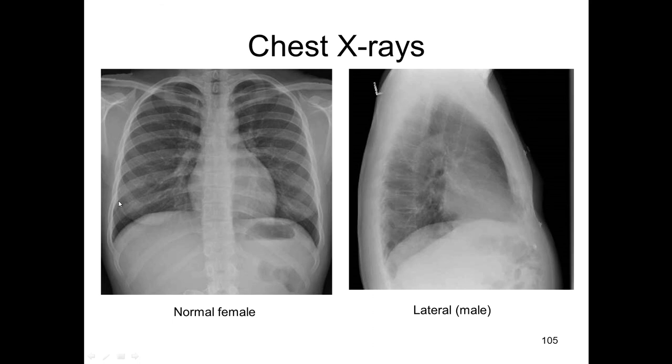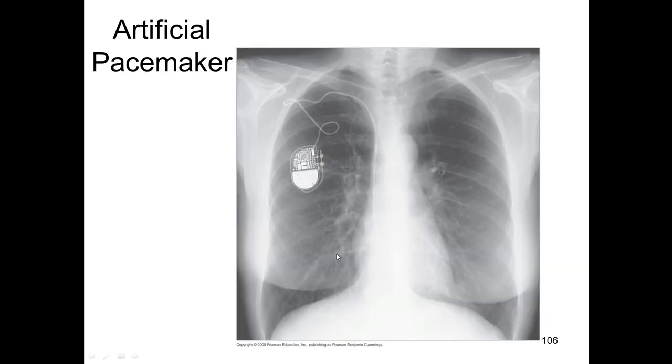By the presence of the breast in the case of females. And this is the lateral view of the chest X-ray. Yes, this is the pacemaker, the artificial cardiac pacemaker. The main function is to regulate the electrical conduction system of heart.